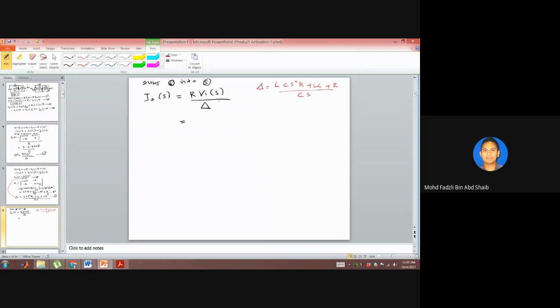R V1S, if it is over determinant, so it becomes times CS over LCS squared R plus LS plus R.